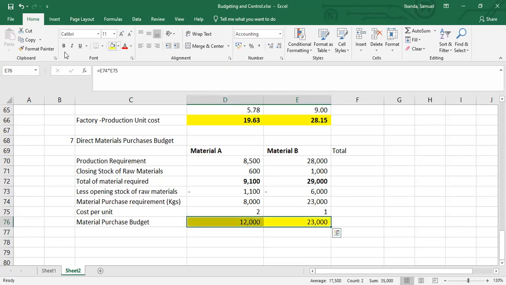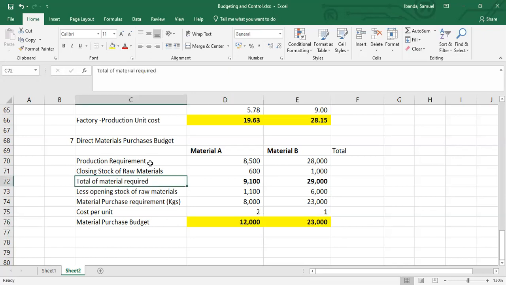So that will ideally be my direct material purchases budget.